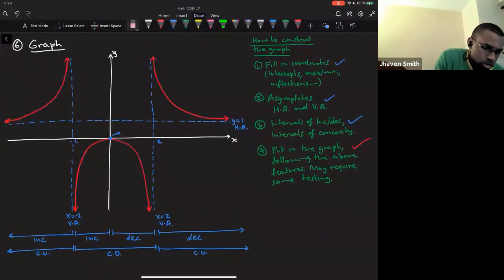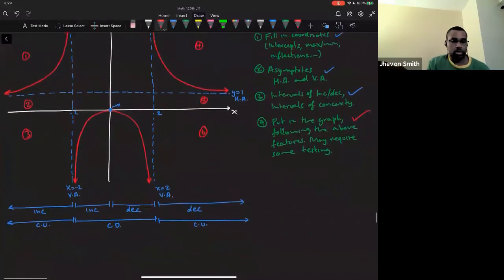So maybe I should label these 1, 2, 3, 4, 5, 6.